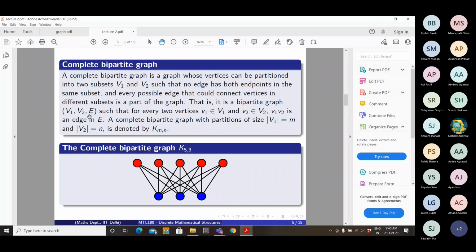So we will write it as (V1, V2, E), such that for every v1 belonging to V1 and v2 belonging to V2, v1v2 is an edge in E.